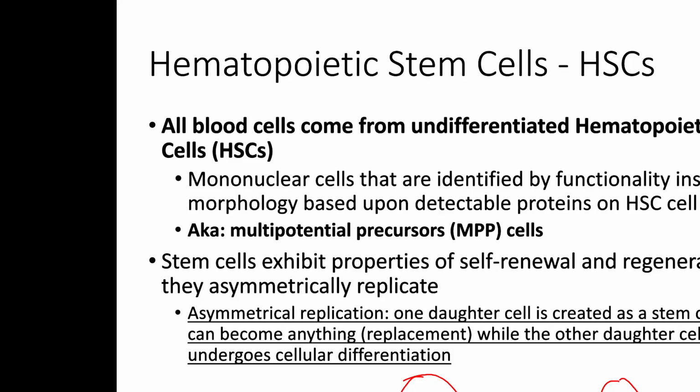In asymmetrical replication, one of the daughter cells is going to be different. We're always going to get an additional stem cell out of it that will resemble the mother cell. But the other daughter cell will undergo cellular differentiation and will not become the same as the mother cell it came out of. And that will keep replicating until the end of life, really.